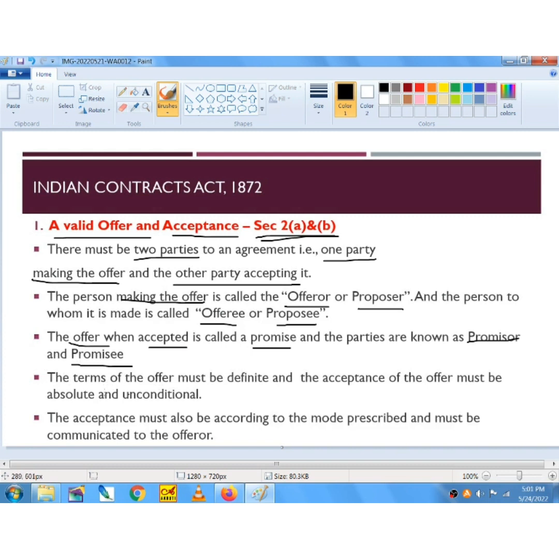And for the agreement, the terms of the offer must be definite and acceptance must be absolute and unconditional. If you set out some terms before you accept, then it will become your new offer, and then the other party would have to accept.